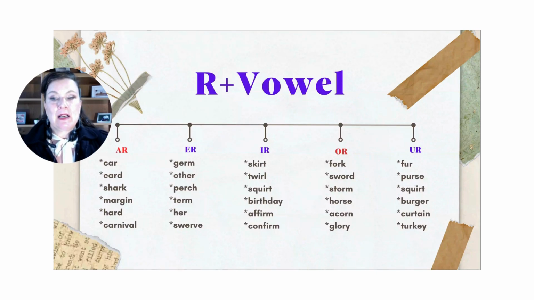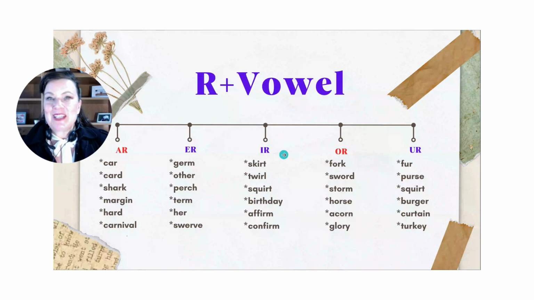Swerve, swerve. Just the sound. Take a moment and practice that list. Let's do this again. Germ, other, perch. Have you got it? Very good.